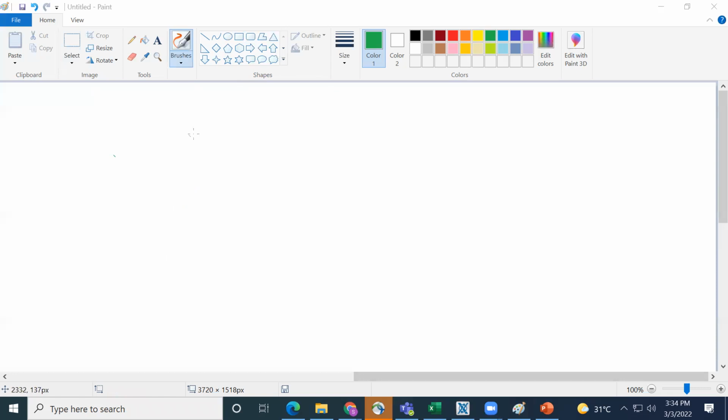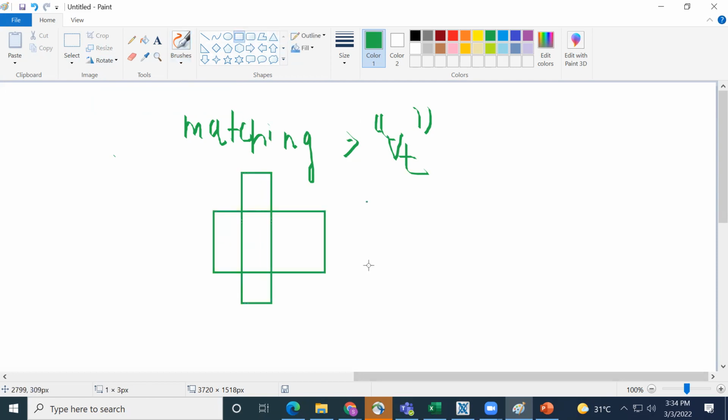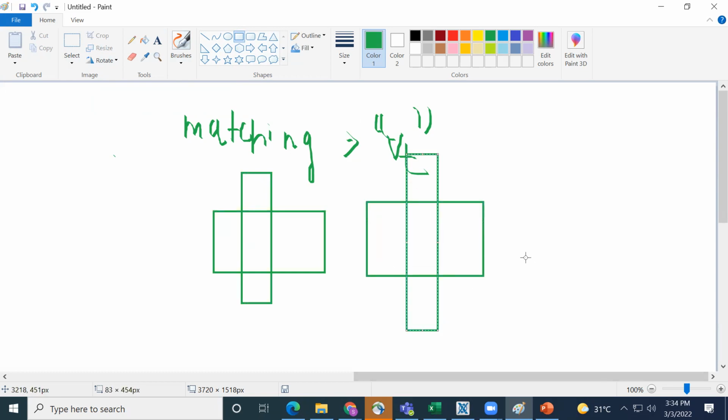Okay. So why do you need matching? Matching is to avoid variation, VT variation, threshold voltage variation. Suppose more number of devices are there, how to place them? Suppose just 6 devices are there, how to arrange all of these?